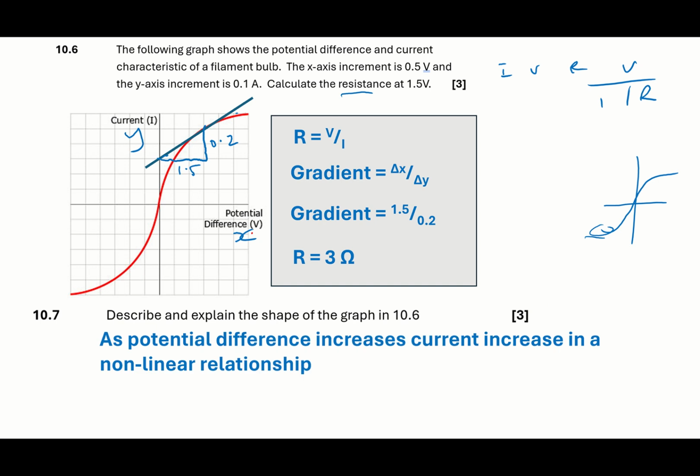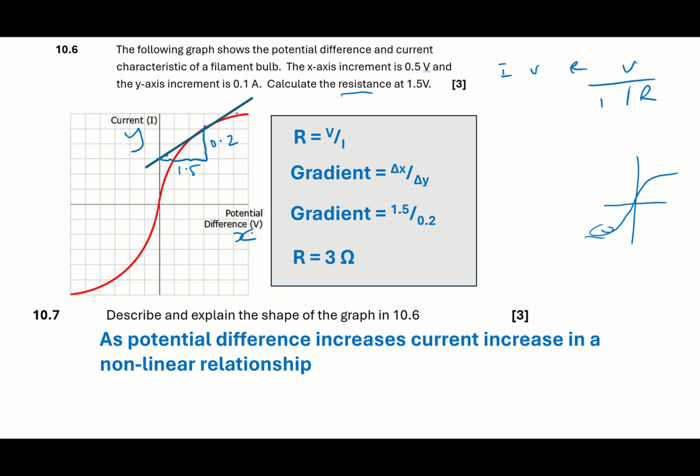What you learned was, well, it's a potential difference. So describe: as potential difference increases, current increases. We can see that is the case, but it's a non-linear relationship, so it's going to start to level out. Now we've got to explain that levelling out. As we're passing the voltage through, the electrons are hitting the positive metal ions and causing the temperature to rise.